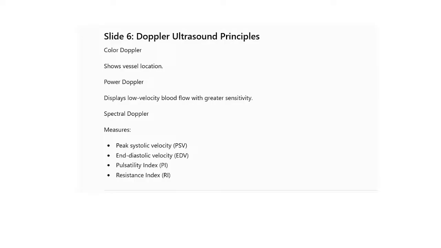So, the Doppler ultrasound principles: color Doppler shows vessel location, power Doppler displays low velocity blood flow with greater sensitivity. The spectral Doppler measures peak systolic velocity, diastolic velocity, pulsatility index, and the resistance indices.